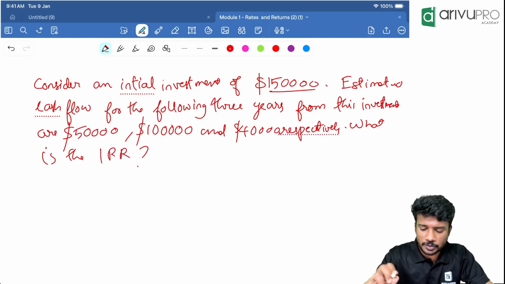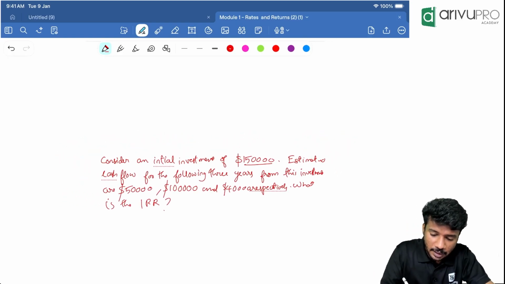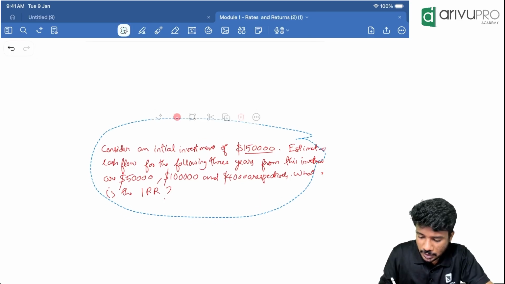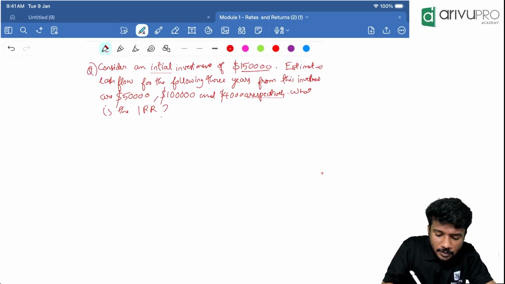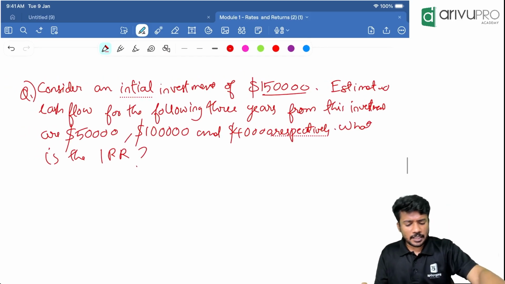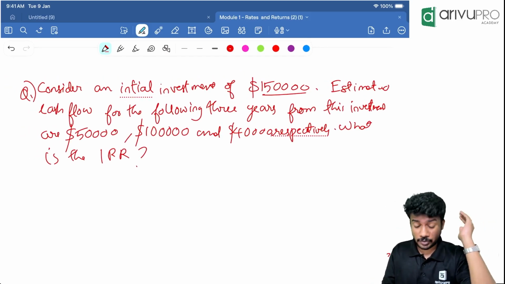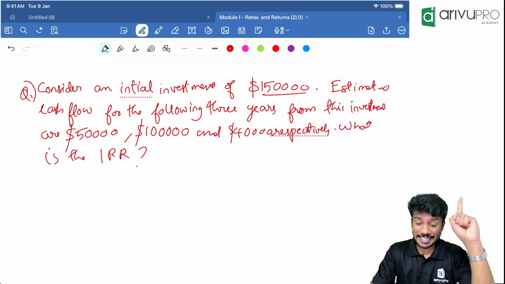So what things are given in the question? I'll just align the question upside so that it is easier to understand. Consider an initial investment of $150,000. That is the initial investment.